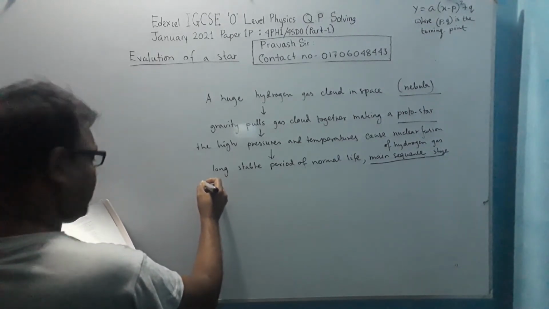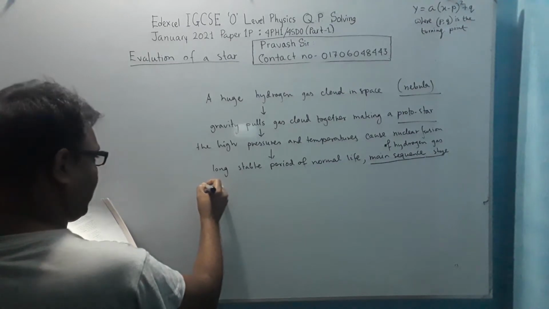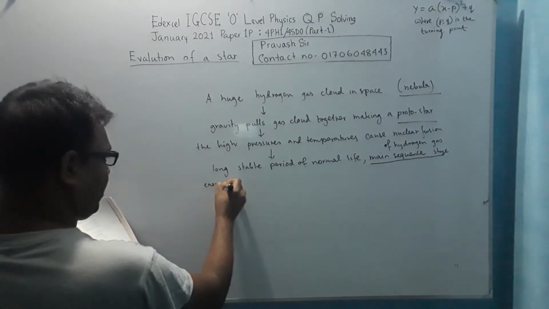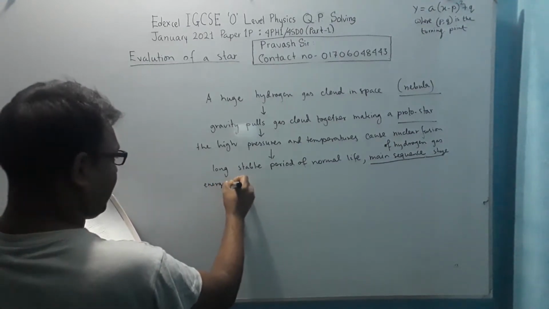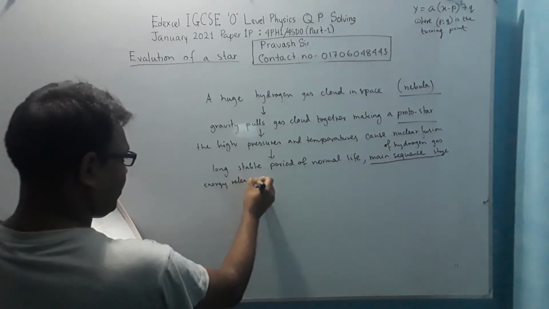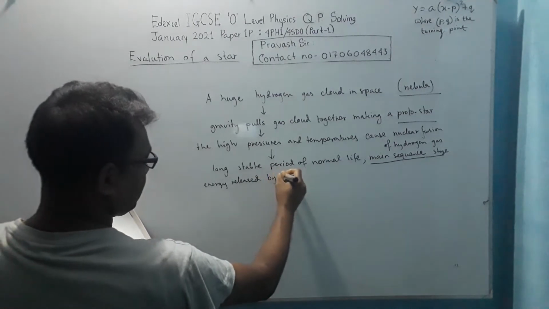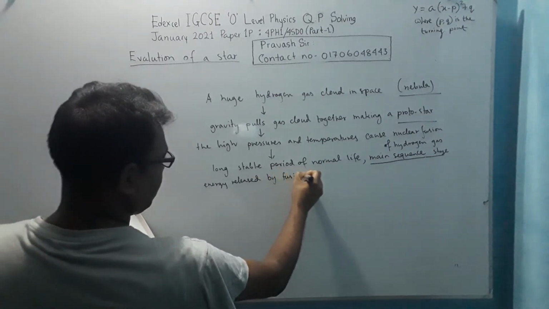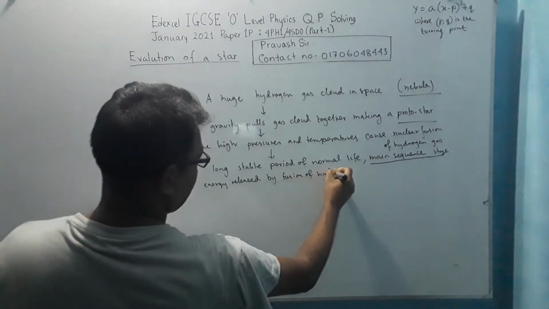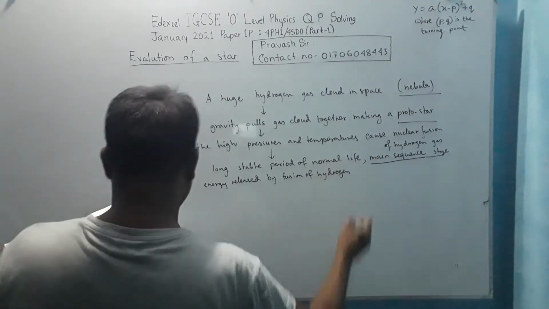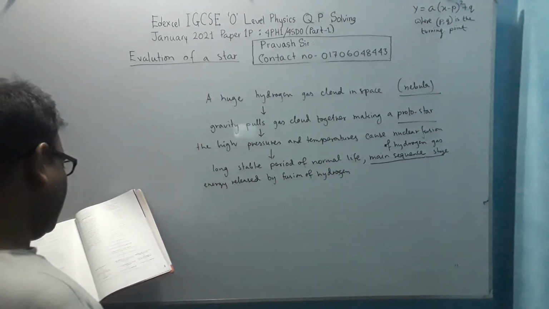So in the main sequence stage, energy is released by the fusion of hydrogen to helium.